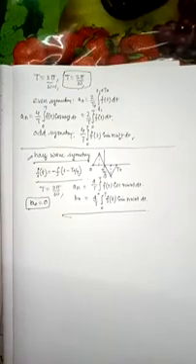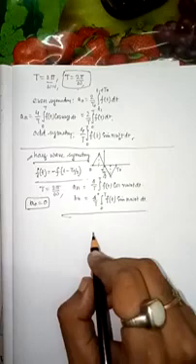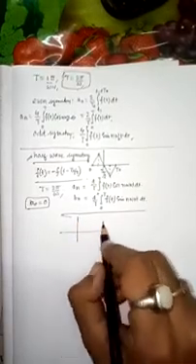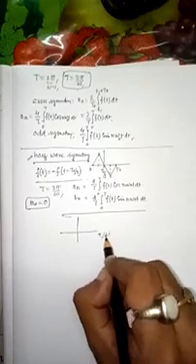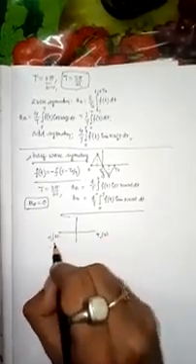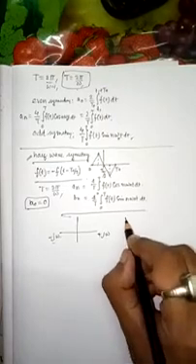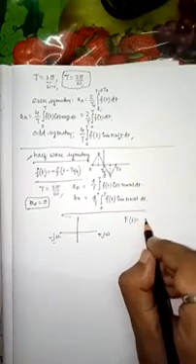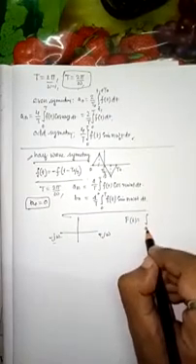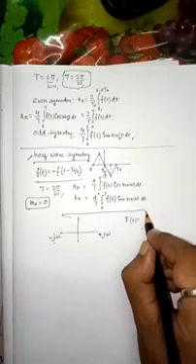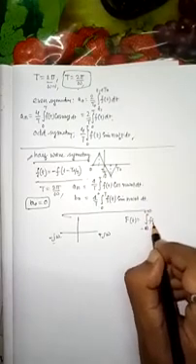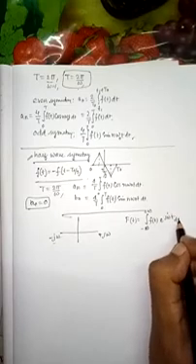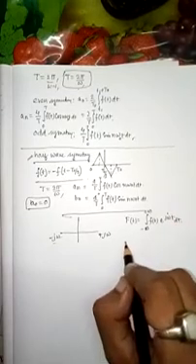This is plus j omega, this is minus j omega. So we are considering that if it is Fourier transform of f of t, it equals integration from minus infinity to plus infinity of f of t e to the power j omega t dt, like this.